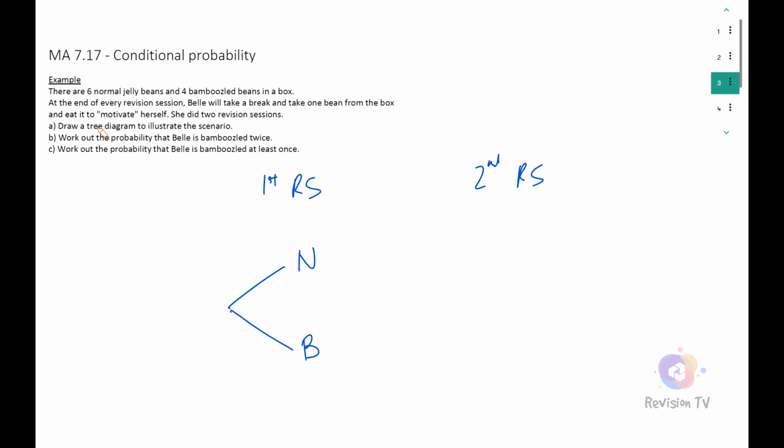Her chance of getting a normal one is 6 out of 10 because there are 10 in total, and the chance of getting a bamboozled one will be 4 out of 10. Now, for the second time, because she takes one and she eats it, she could again get a normal one or a bamboozled one, but this time the probability will be out of 9.